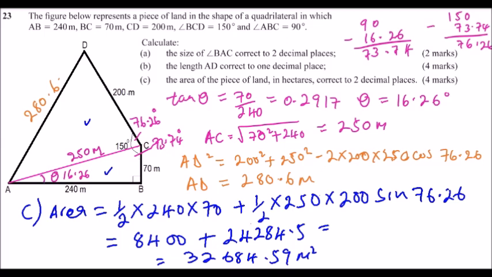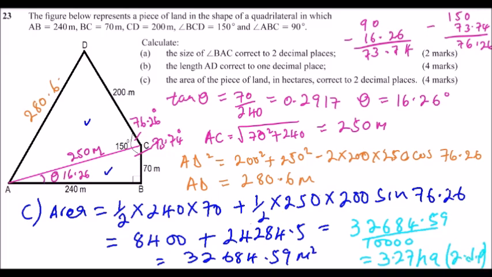Now that you know that 10,000 meters squared is equal to 1 hectare, to express this in terms of hectares, you divide 32,684.59 by 10,000, and that will give you 3.27 hectares, to 2 decimal places.